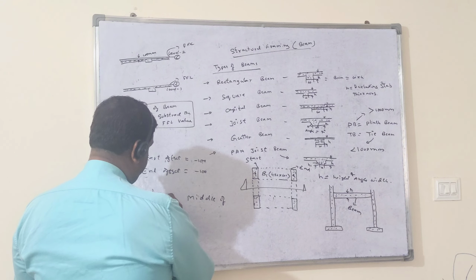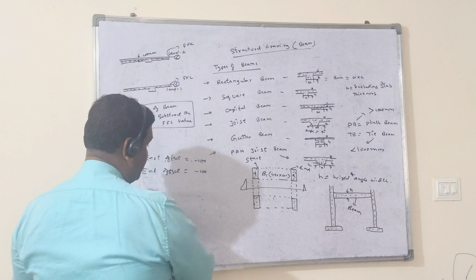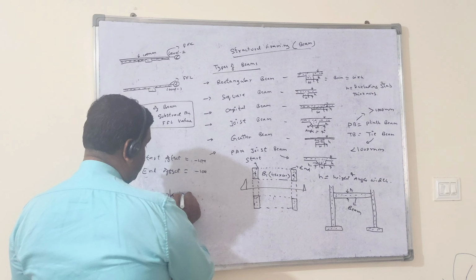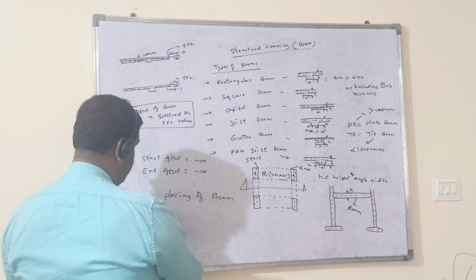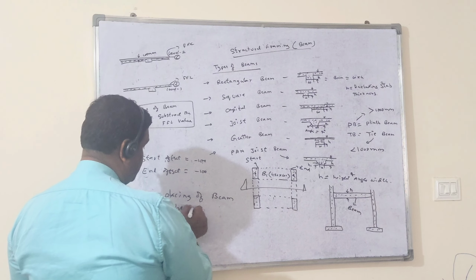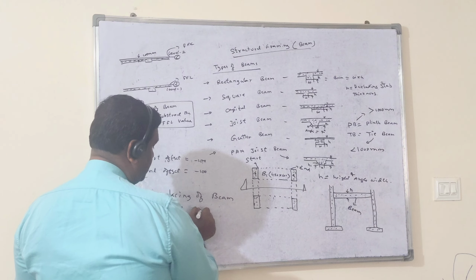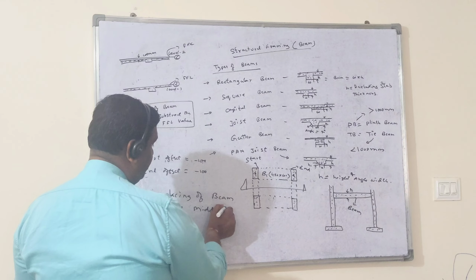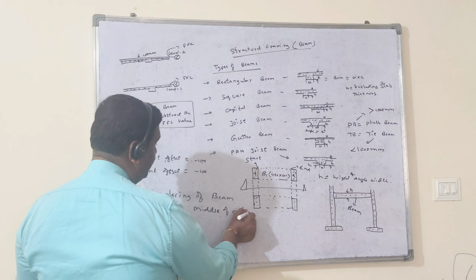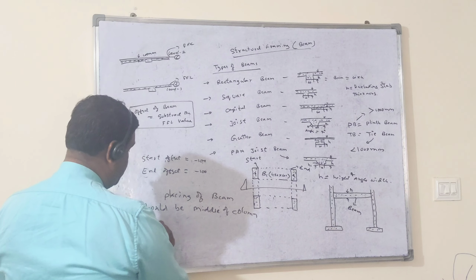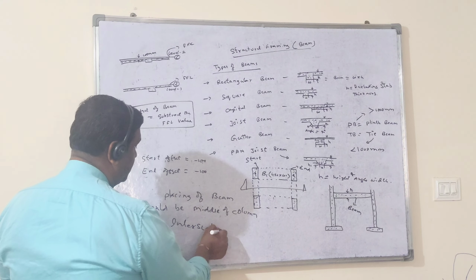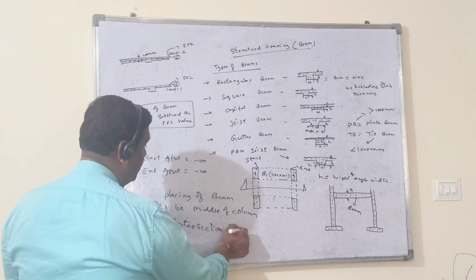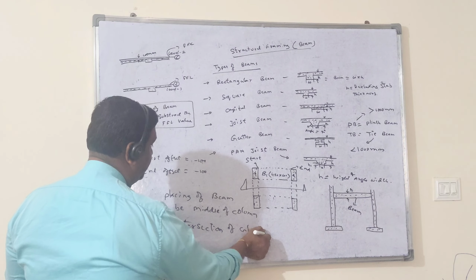Placement of beam: placing of beam should be at the middle of the column or the intersection point of the column. You have to take the placement like that.